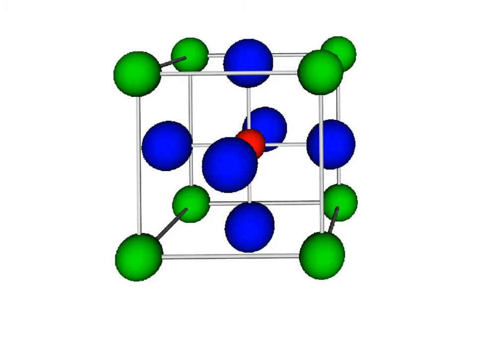It doesn't really say on here which ions these are, but I'm guessing, if the green ones are negative, the blue ones are probably a positive ion. Not sure what the red one is in the middle, but all of the different ionic substances are going to have some sort of a regular repeating arrangement of their ions, similar to this. And the gray things would represent those electrostatic attractions that are holding them together.